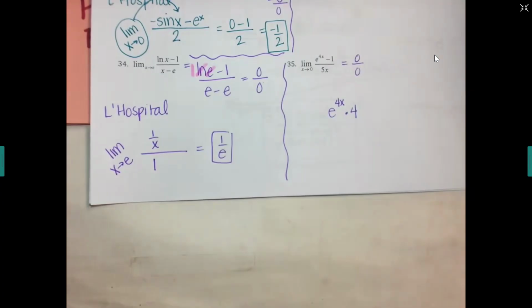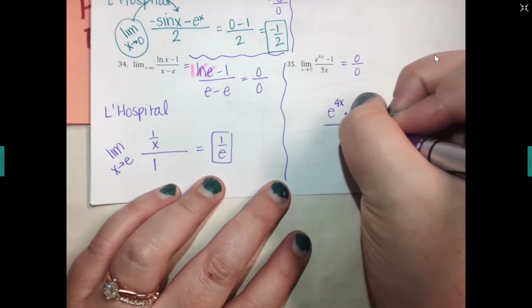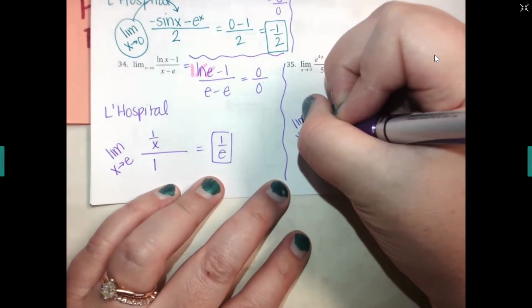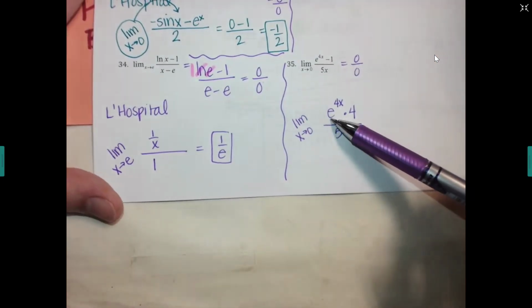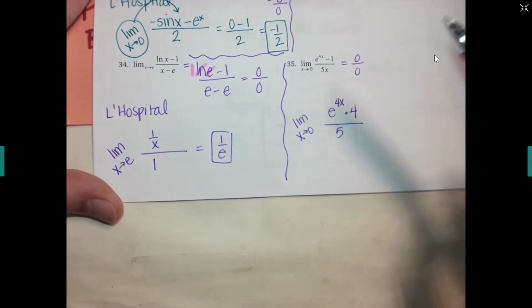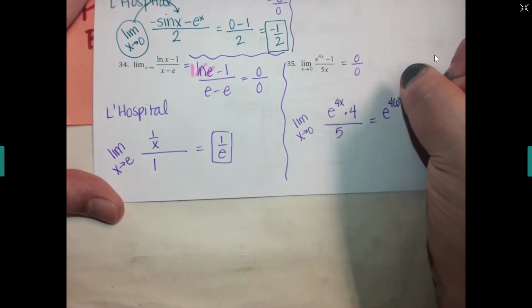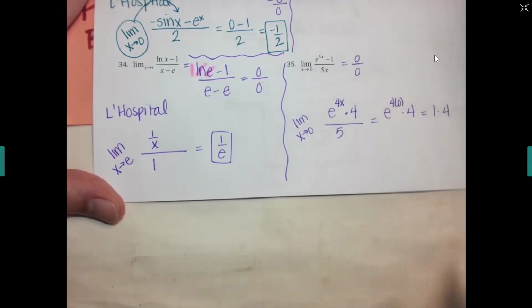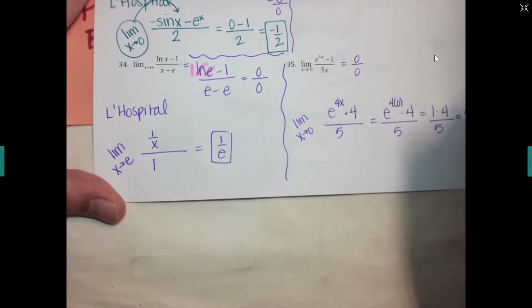So it'd be e to the 4x again, derivative of 4x goes to 4. On the bottom, what's the derivative of 5x? And then try the limit again. So if my x is approaching 0, remember anything to the 0 is going to go to what number? 1. So that's going to be a 1 times 4 is 4, and then over 5. Okay.